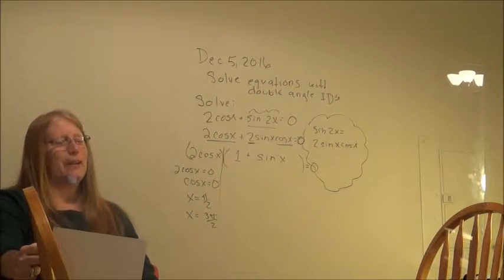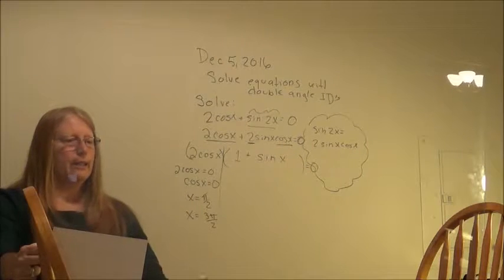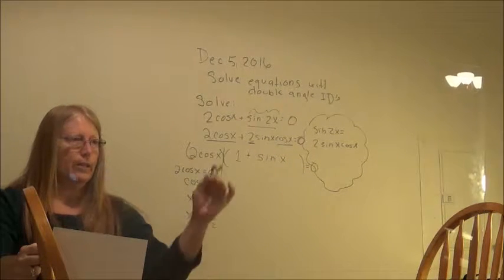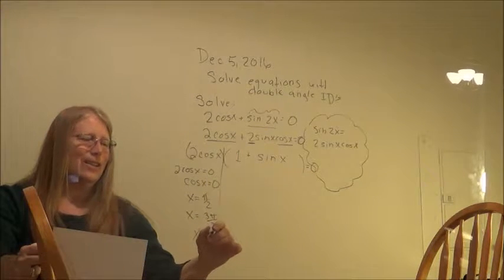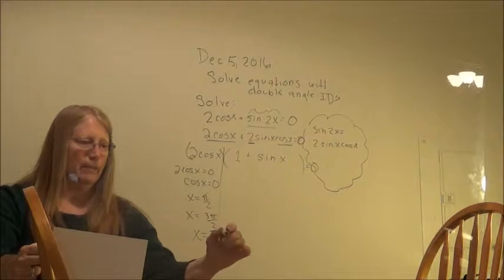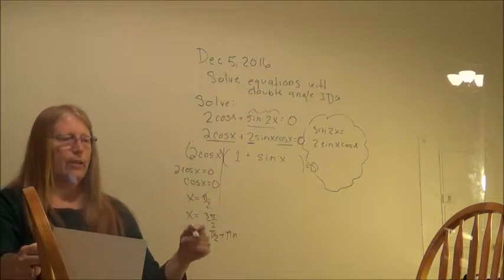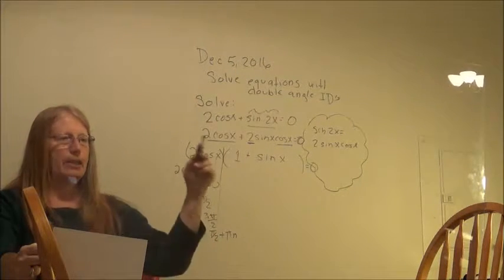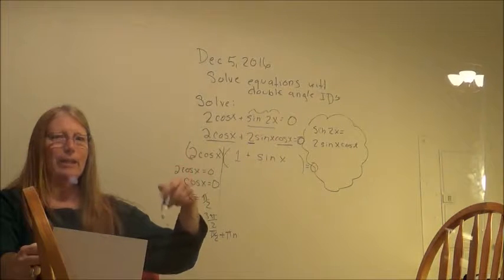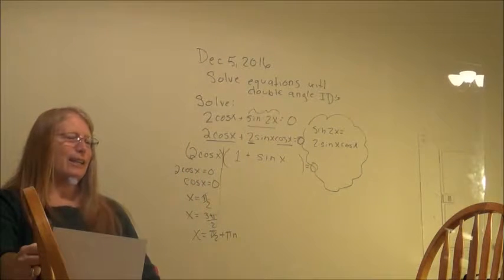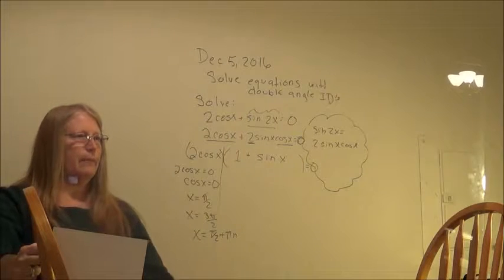Pi over 2 and 3 pi over 2. So I can combine those because they're 180 degrees apart from one another. I can call that pi over 2 plus pi n, and then I would get all the repetitious answers. Keep going pi away from one another, and that is an infinitude of answers from that branch.